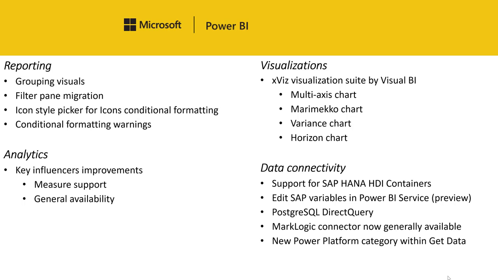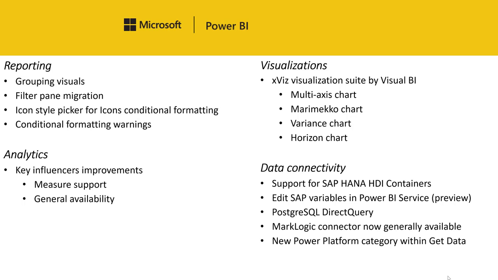The third reporting feature is an update to the icons conditional formatting feature we shipped last month. So if you remember, last month we shipped the ability to add icons next to the values in your table and matrix cells based off of any kind of business logic you may have or a field in your model.